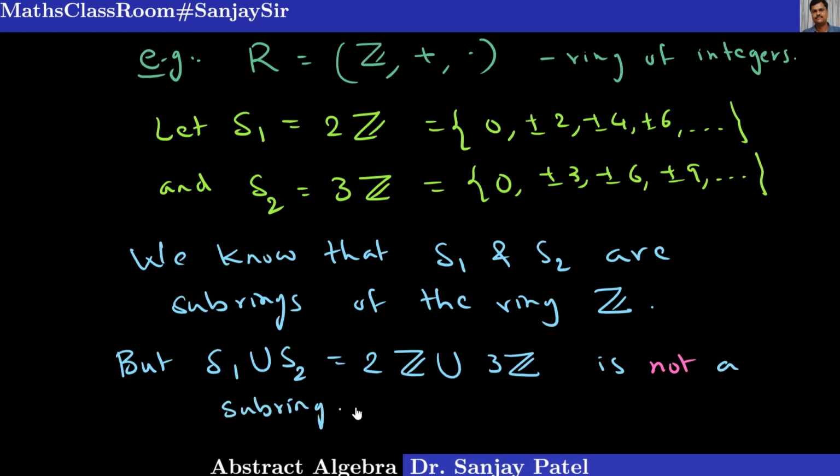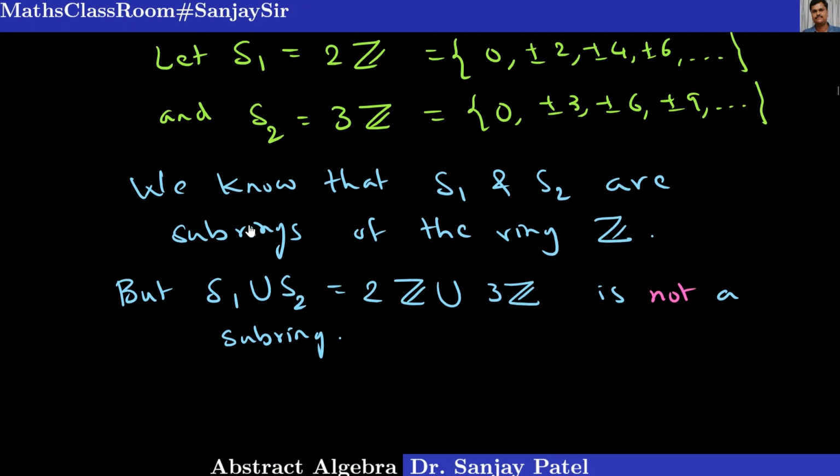Why? Because if you take two elements from S1 union S2, say let us take A equal to 2 and B equal to 3 belonging to S1 union S2, that is 2Z union 3Z. I am taking two elements from S1 union S2.